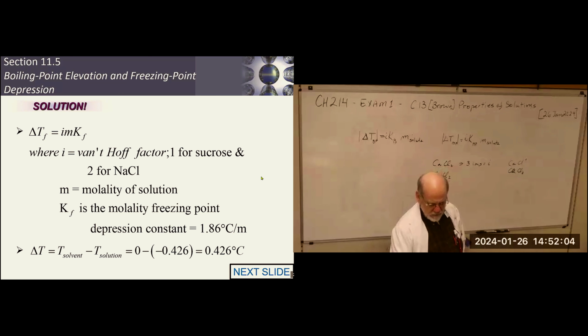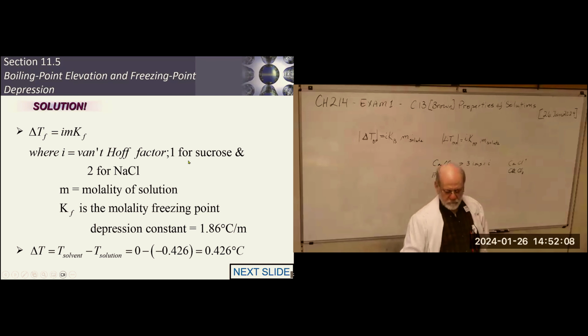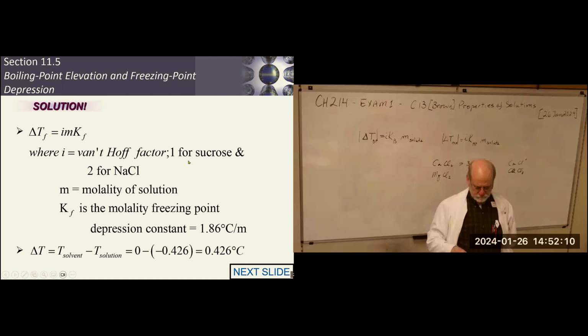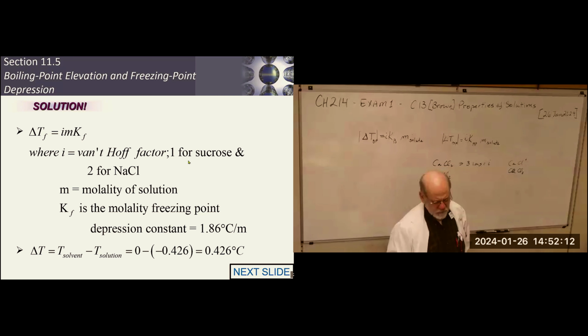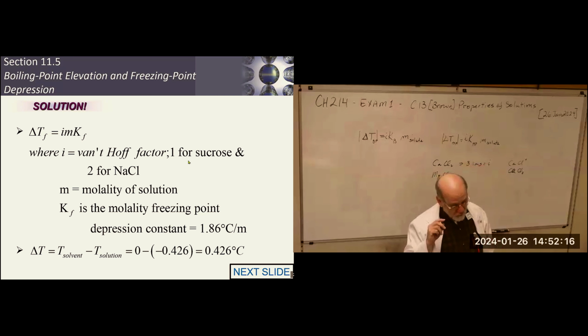So in this one, the van 't Hoff factor for sucrose is 1 because it doesn't dissociate. The van 't Hoff factor for sodium chloride is 2.